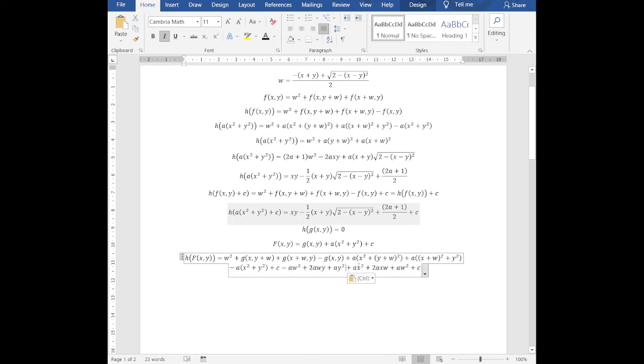Okay, I'm then going to pull my a w squareds together. And this is looking concerningly like it will simply prove to be consistent. But we'll see what happens. I'm not going to give up on this just yet.